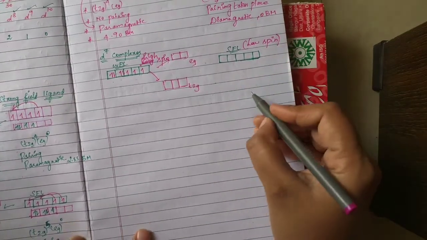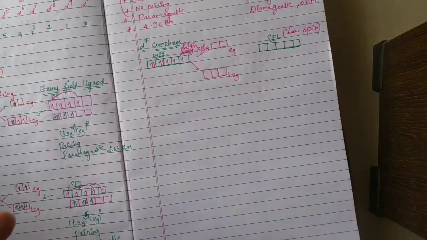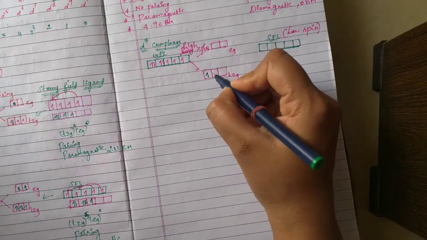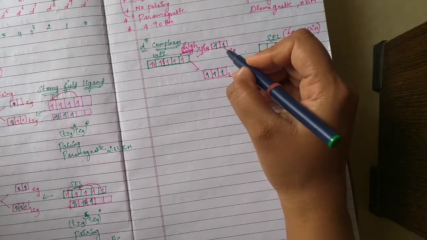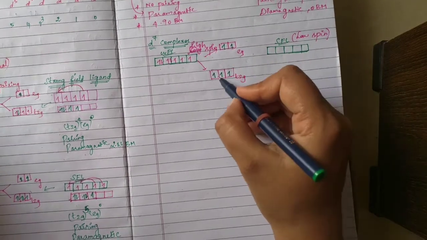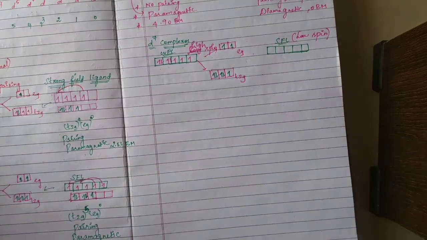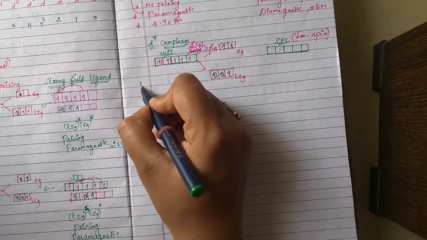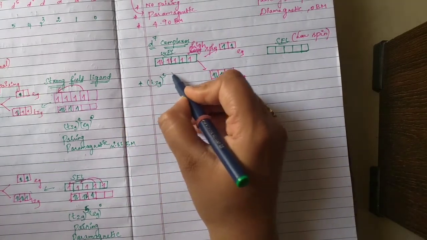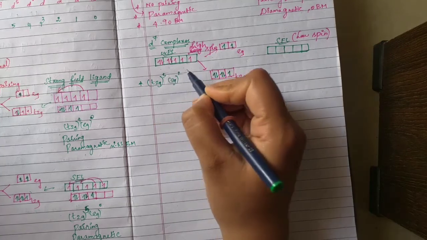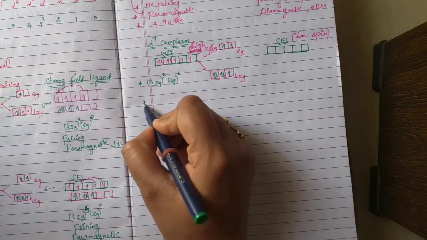See here now, first electrons 1, 2, 3, 4, 5. For weak field, first all the orbitals have to fill 5, 6, then 7. Now what is the configuration, students? t2g, here how many electrons? 5, and eg 2.